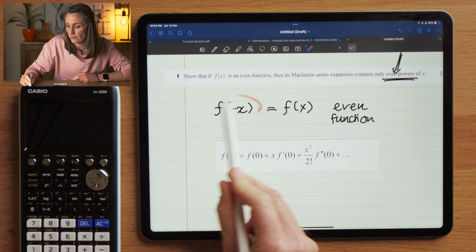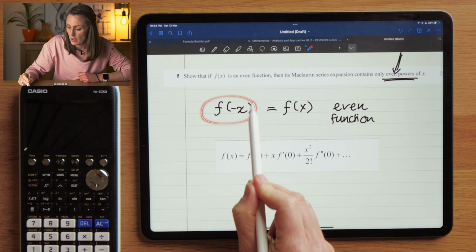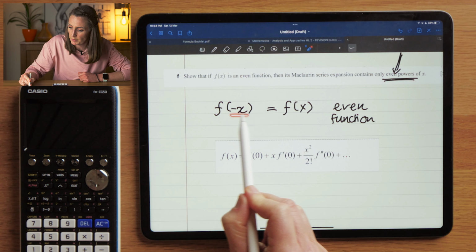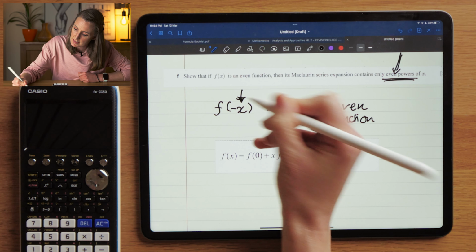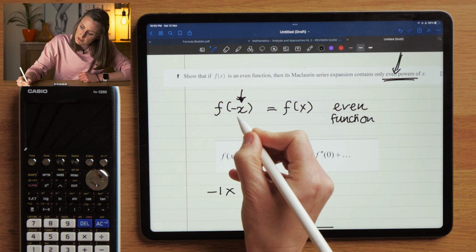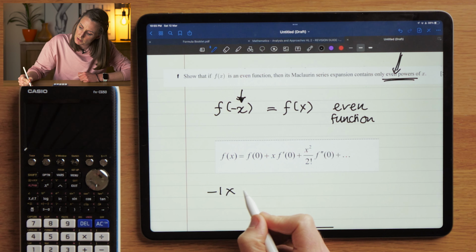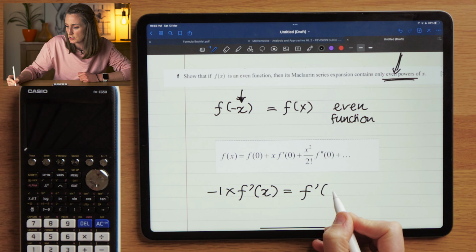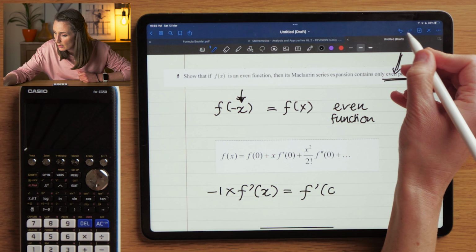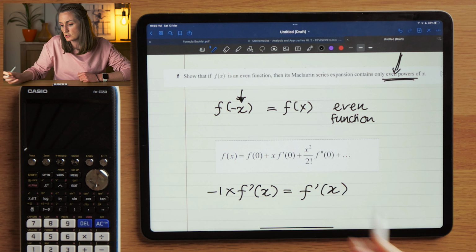So let's take the first derivative of this. If I differentiate this, I need to use chain rule because I've got this composite function. I've got something other than x inside the bracket. So if I differentiate minus x, it's going to be minus 1 times the derivative of x. If I differentiate this, I've got just f dash of x. You guys know the drill by now.